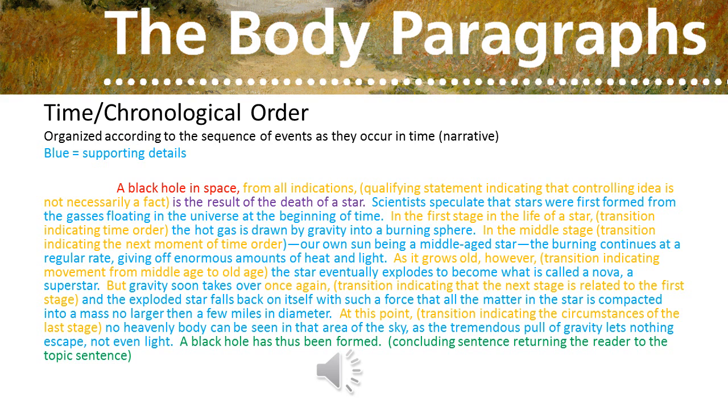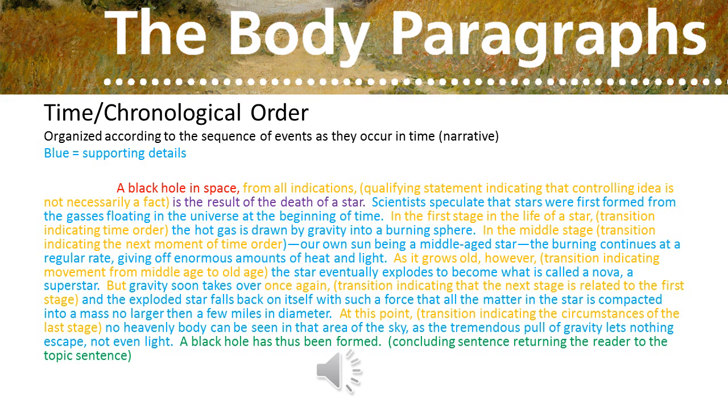The red indicates the subject or topic, and the purple indicates the controlling idea. The yellow indicates transitional expressions that help to move the reader from one event to another. And then finally, the green indicates the concluding sentence of the paragraph.